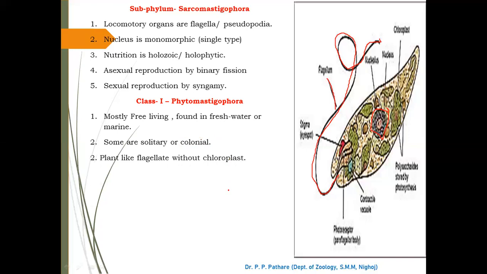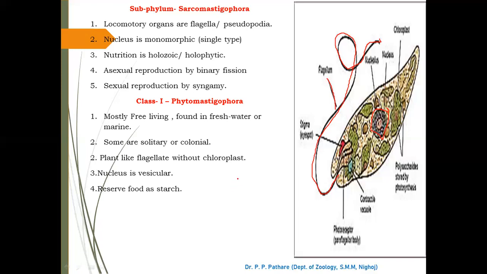Plant like flagellates without chloroplast. This is very important. Plant like flagellates are observed in Phytomastigophorans. This is a very important characteristic we observe in Phytomastigophoran protozoans. Nucleus is vesicular.